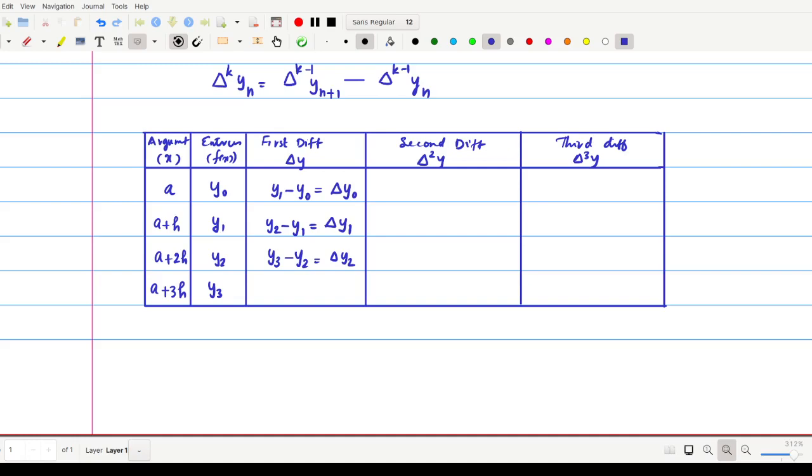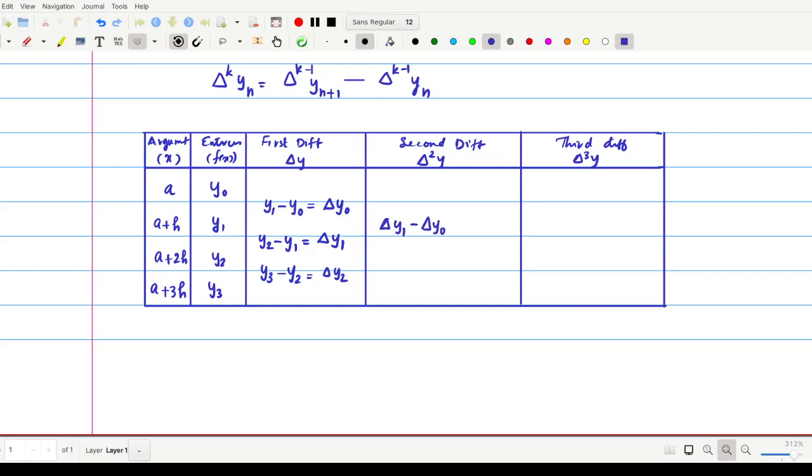So we can place these values delta y0, delta y1, delta y2 in between these values of entries. Using those values, we can evaluate the second forward difference, obtained from delta y0 and delta y1: the difference delta y1 minus delta y0 is delta square y0.